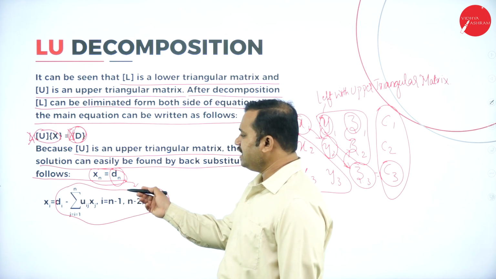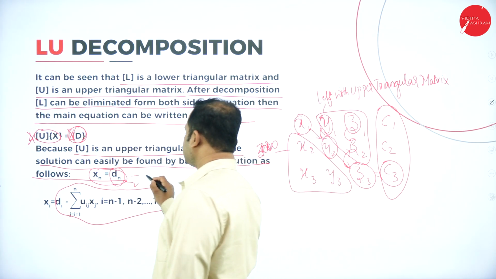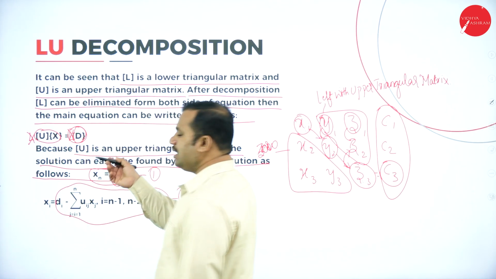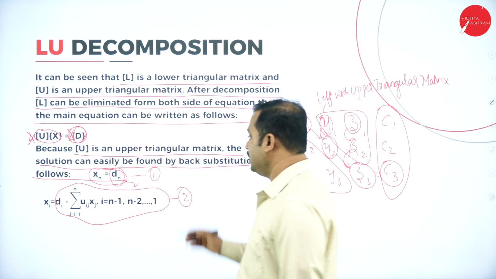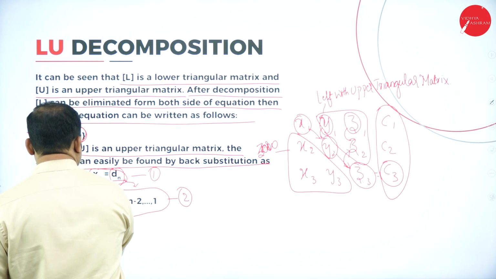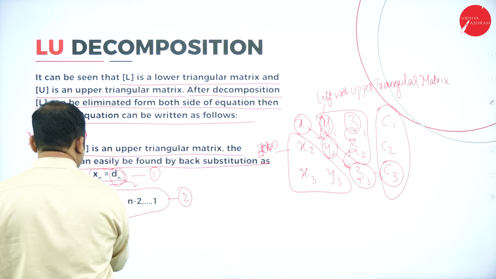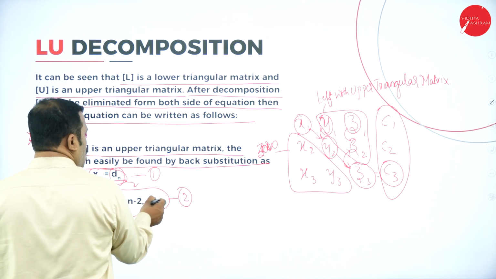If that is the case, I need to expand this equation. If this is called equation 1 and this is called equation 2, how can I write down equation 3, which is in expanded form? That is d_i, where in place of n I have i here. Let the value of i be n minus 1, n minus 2, n minus 3, n minus 4, so on up to 1.